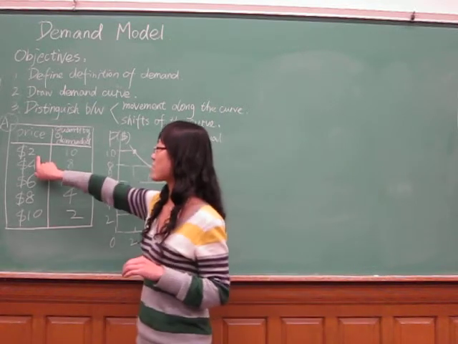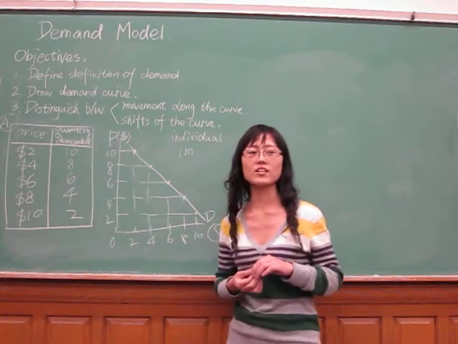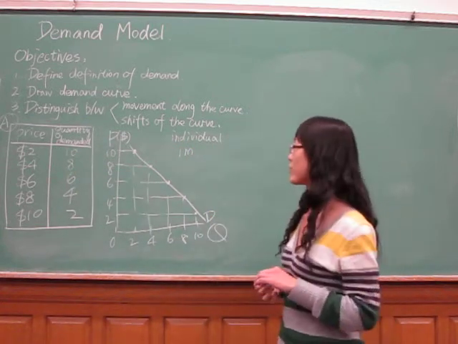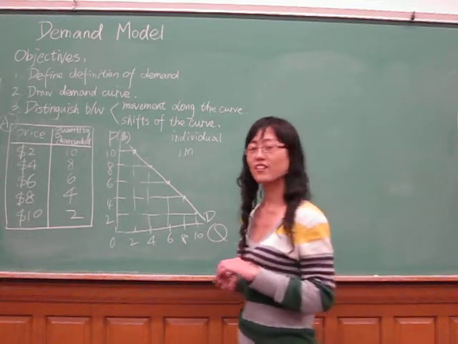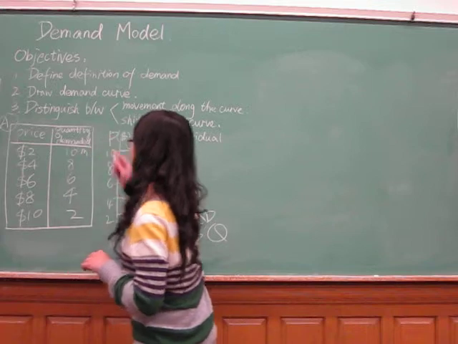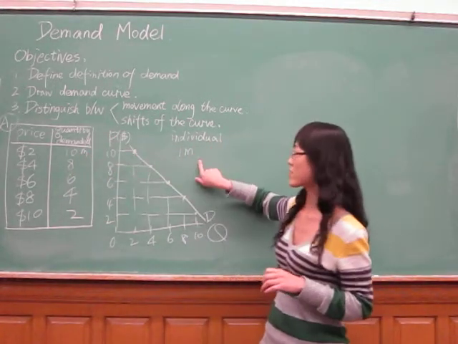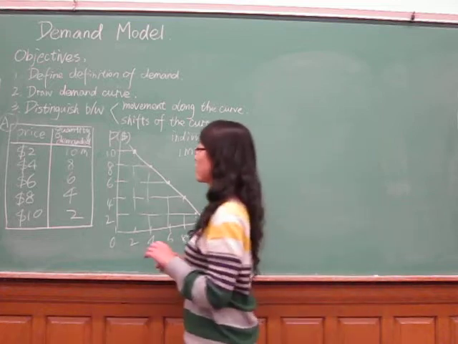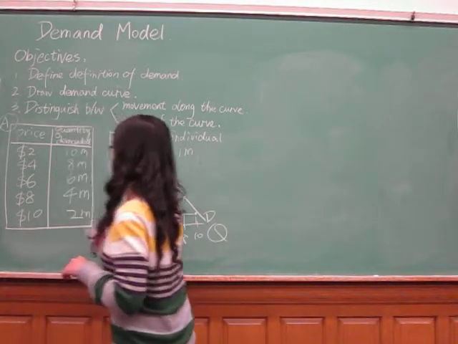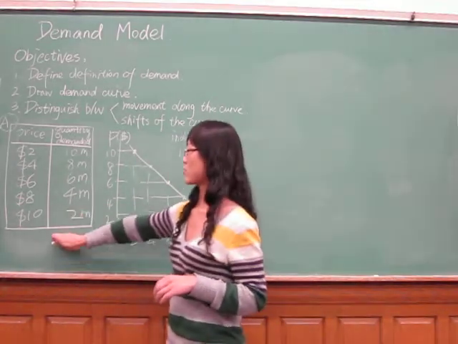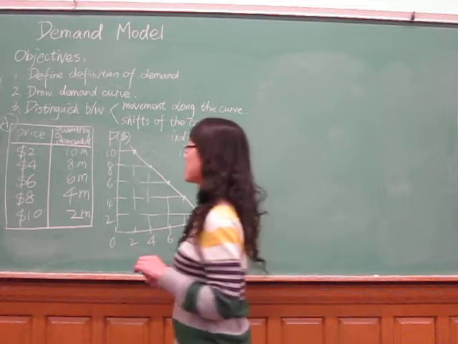At the price of $2, the individual quantity demanded is 10 cups of coffee, so the quantity demanded for the whole market is 10 million. Simply multiply the individual quantity demanded by the number of people. Similarly, we get the table for the market demand.